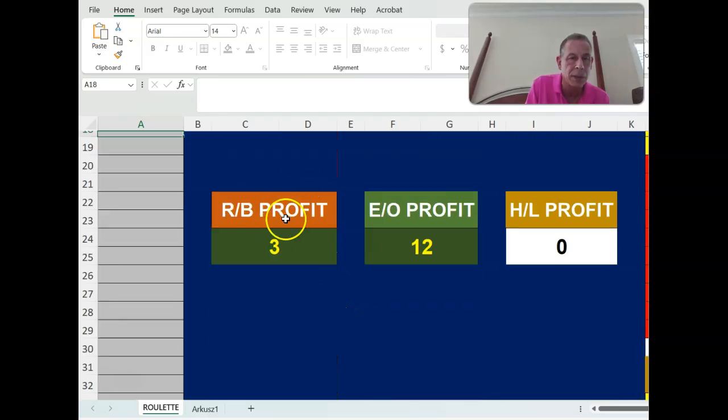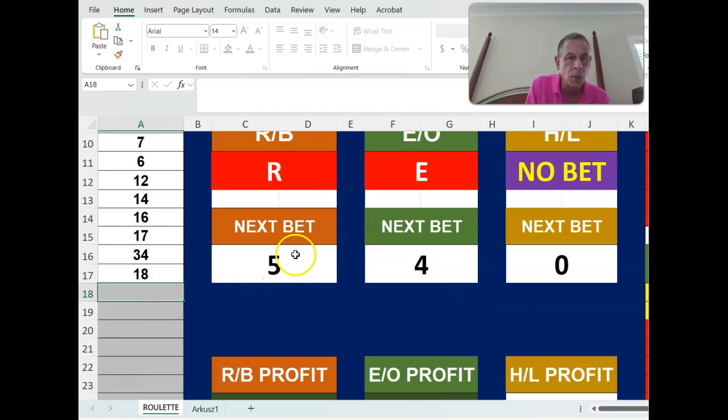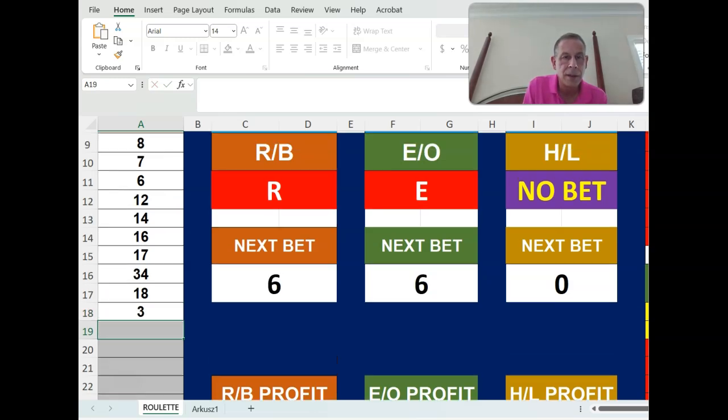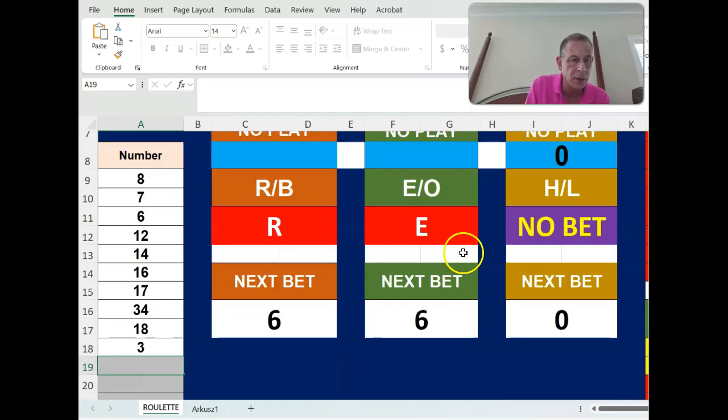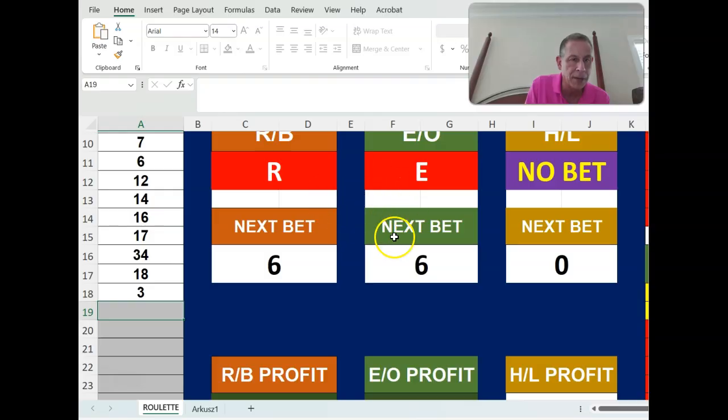And this is how you're doing for the individual ones, by the way, if you care. So we're betting on red again and even for these amounts. And we get a 3. Okay. That's a loss. Well, one of them was a loss, right? Hold on. I don't remember what we were betting last time. But whatever it is, that's where we're at. We're now betting 6 units on red, 6 units on even.